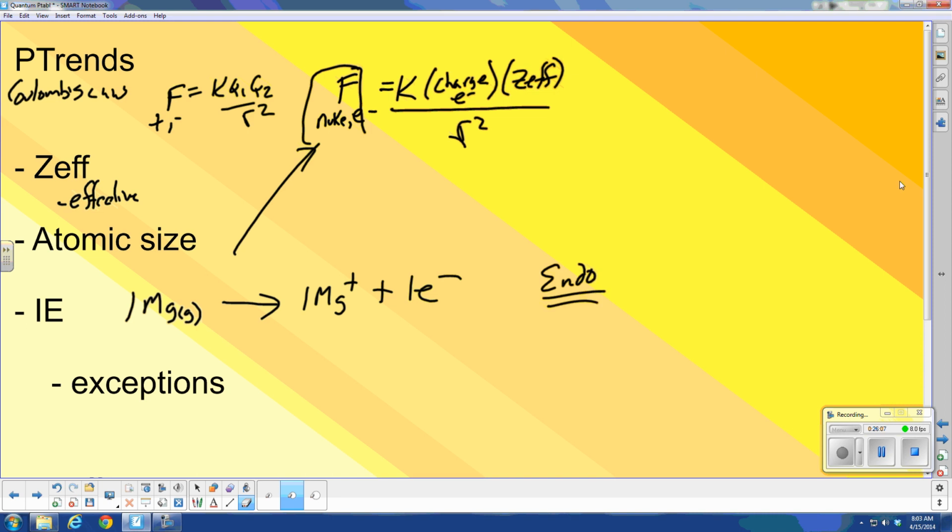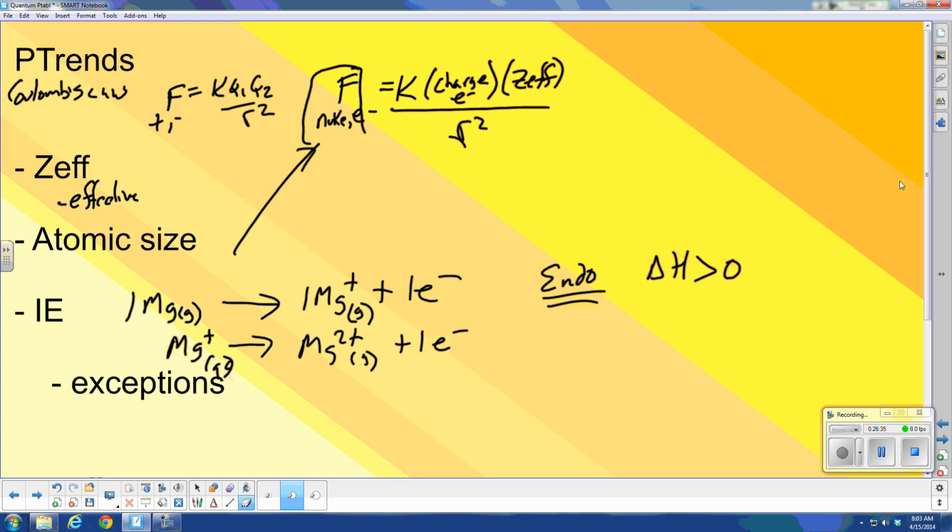This is always a delta H that is greater than 0. So that's the first ionization energy. The second ionization energy is where you're taking an electron from the ion, once again in the gaseous state: Mg2+ gaseous plus 1 electron. Now that is also endothermic.